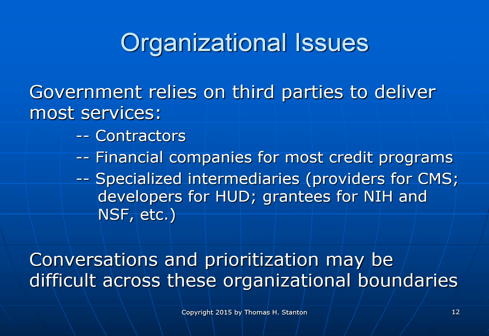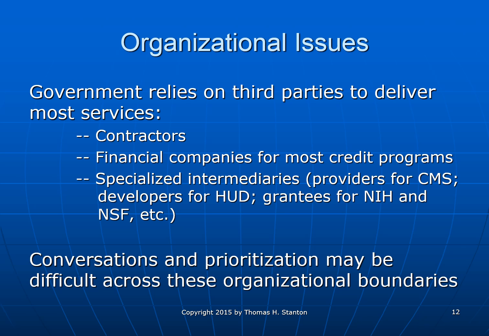The Centers for Medicare and Medicaid Services will rely on doctors and hospitals to provide health care because Medicare or Medicaid for that matter, are really insurance programs rather than direct provision of medical services. The Department of Housing and Urban Development relies on lenders and developers. The National Institutes of Health and National Science Foundation rely on grantees to carry out projects.